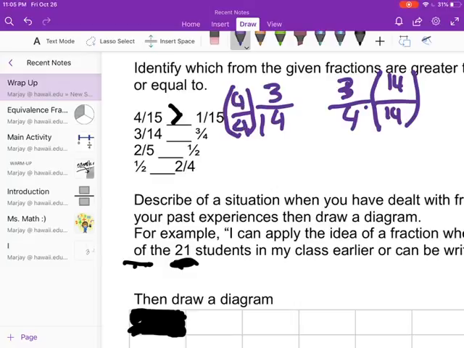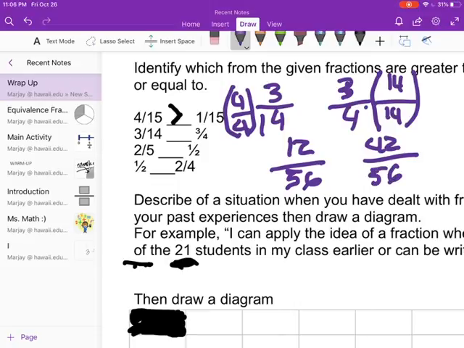4 times 3 is 12, and 4 times 14 is 56. 3 times 14 is 42, and we already did 4 times 14, which is 56.